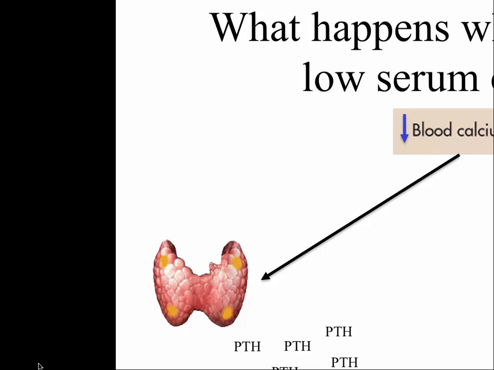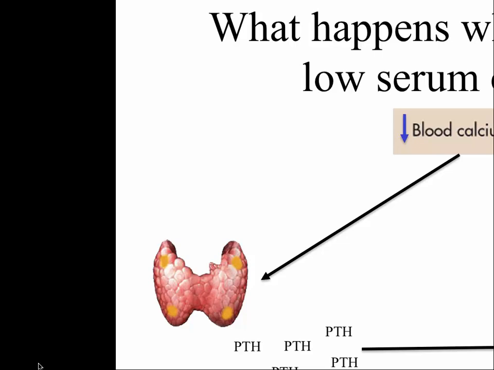It actually inhibits osteoblasts from forming more bone, because if you have low blood calcium, you don't want that calcium to be mineralized to the bone, because it would decrease more. So you stop osteoblast activity, and you increase osteoclast activity. Osteoclasts actually remove calcium from the trabecular bone.